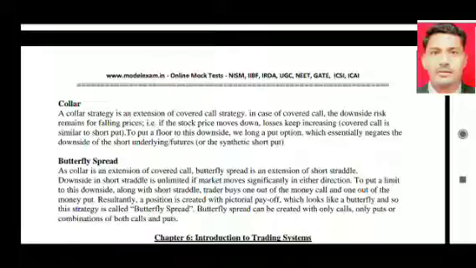Butterfly spread. A collar is an extension of covered call. Butterfly spread is an extension of short straddle. The downside in a short straddle is unlimited if the market moves significantly in either direction. To put a limit to this downside, along with the short straddle traders buy one out of the money call and one out of the money put.